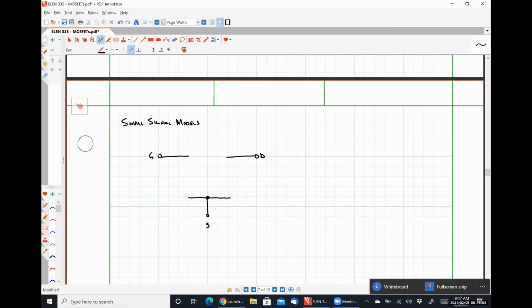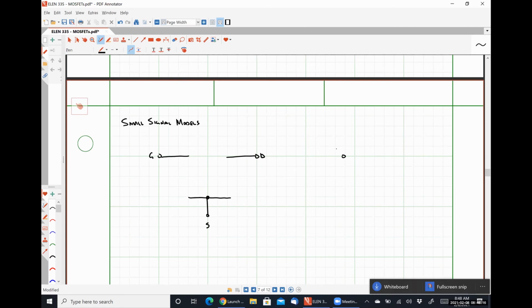You're 100% right, between the emitter and collector.